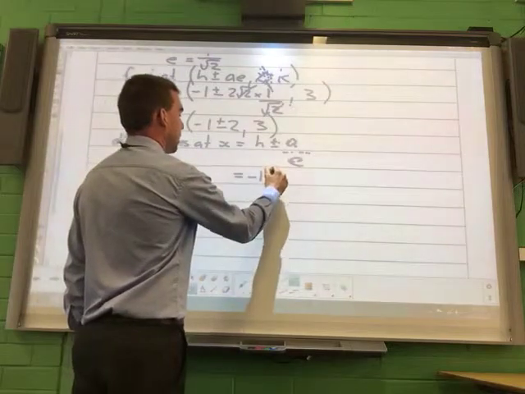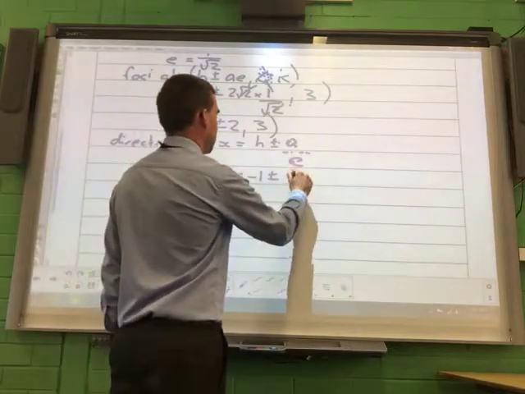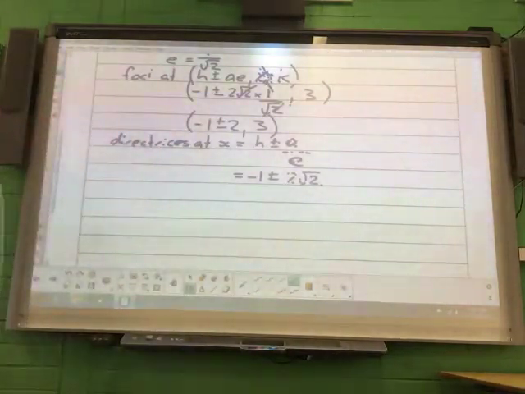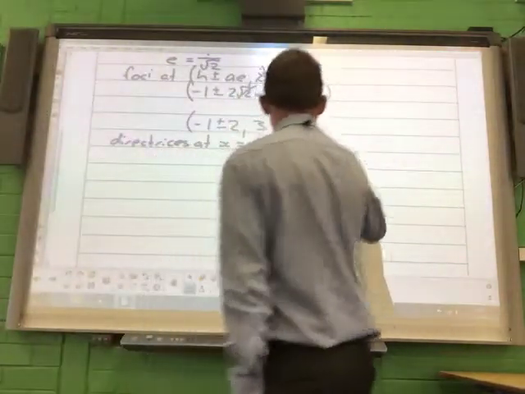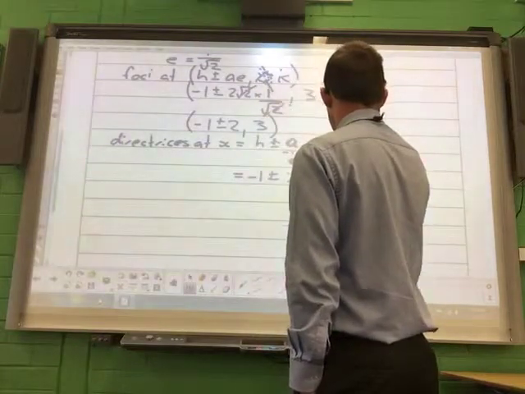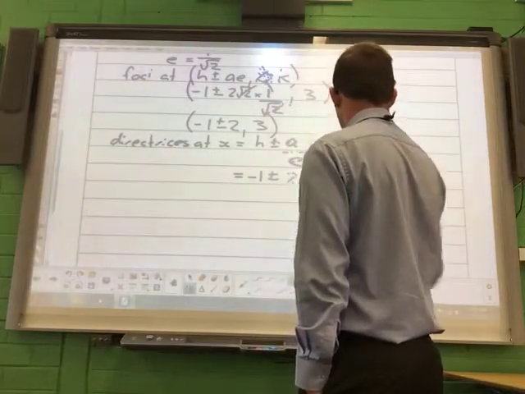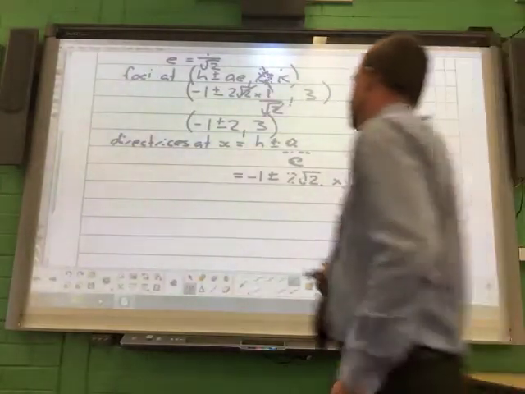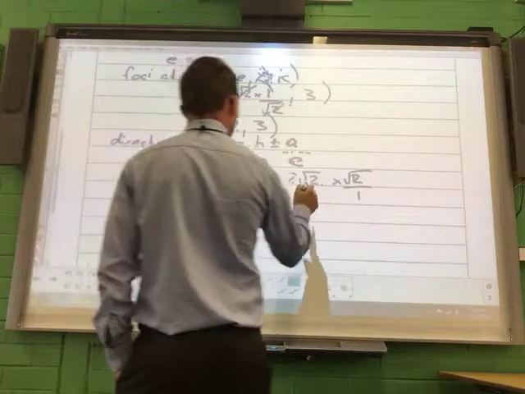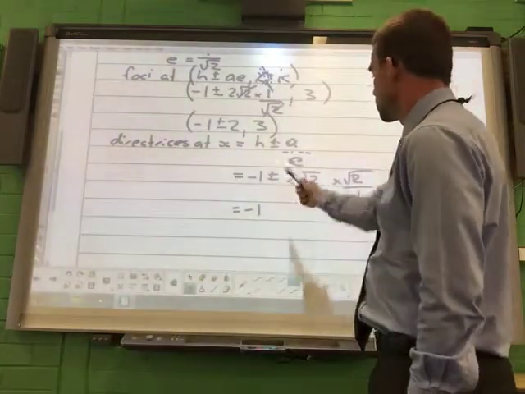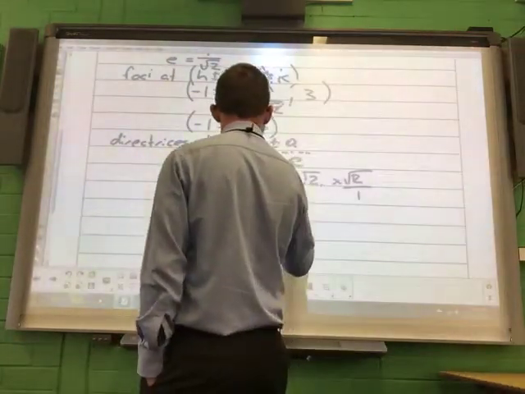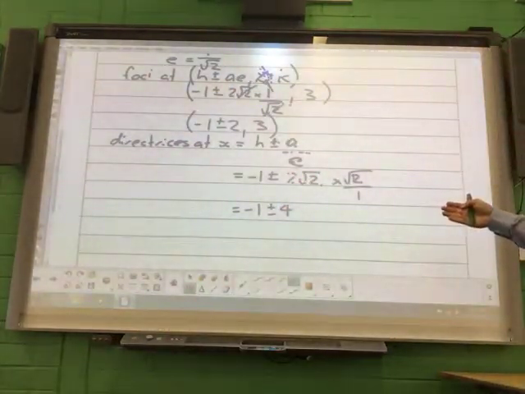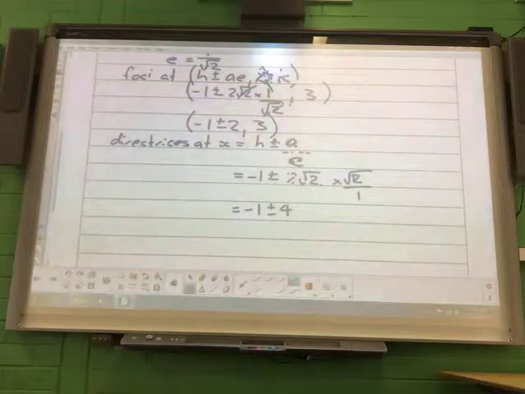So minus 1 plus or minus A, which is 2 root 2, and then we're dividing by E, so we're going to multiply by the conjugate, root 2 over 1. Minus 1 plus or minus root 2 times root 2, which is 2 times 2. And again, that's going to be further out than where your foci are.